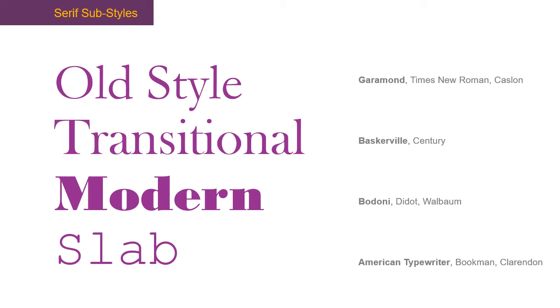So these typefaces have design characteristics of both, which basically means it's impossible to guess correctly because the typefaces within this sub-style of transitional have both old style and modernistic characteristics.